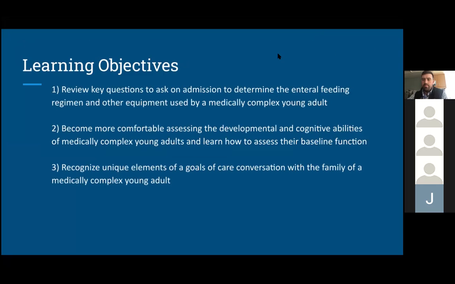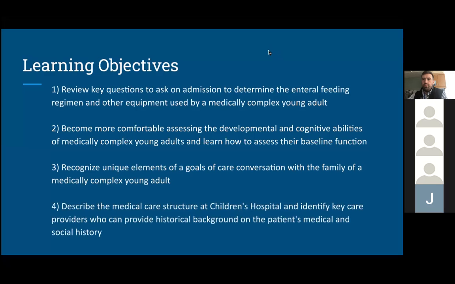We want to highlight some of the unique aspects of goals of care conversations with medically complex young adults, and then also describe the medical care structure at Children's and how, when you are inheriting some of these patients who have recently transitioned, you can talk to their prior providers and find the people who know a lot about them for further resources. So I'm going to hand it over to Michelle to go through our first case.